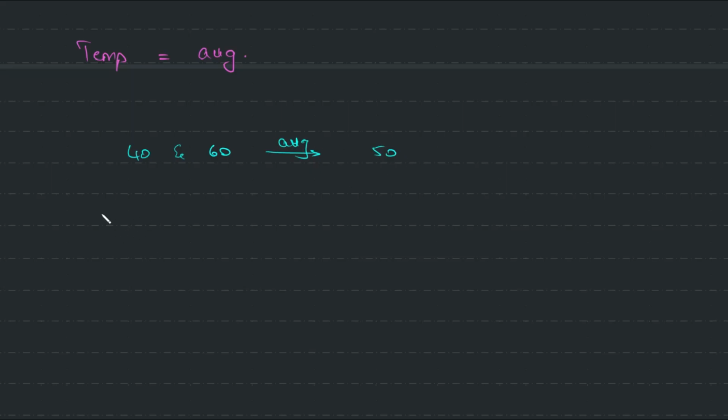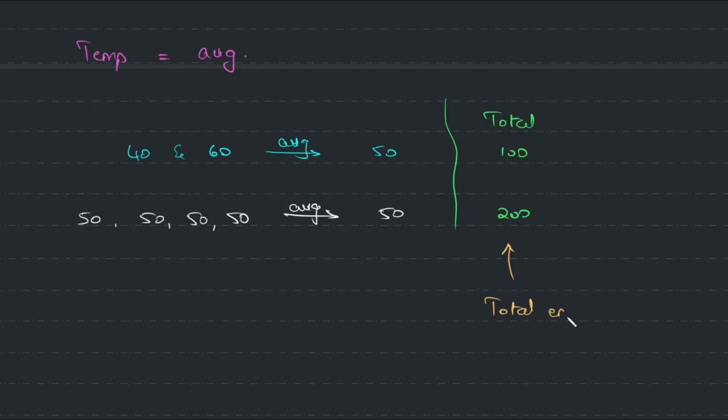Now take 50, 50, 50, 50. What is the average here? The average is 50. What is the total here though? The total is 100, but here the total is 200. Can you see that? This can be the total energy, and this value is your average.